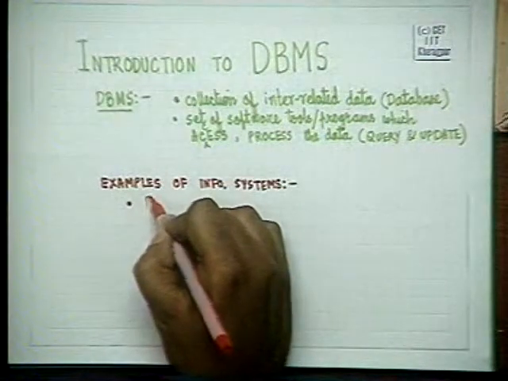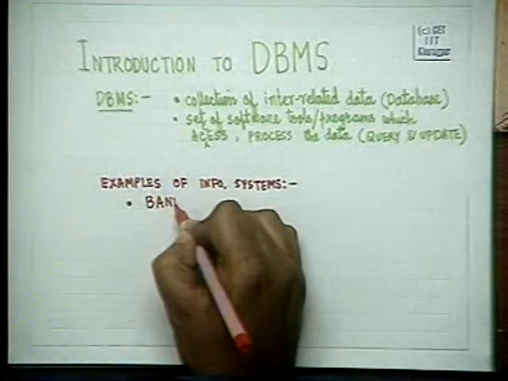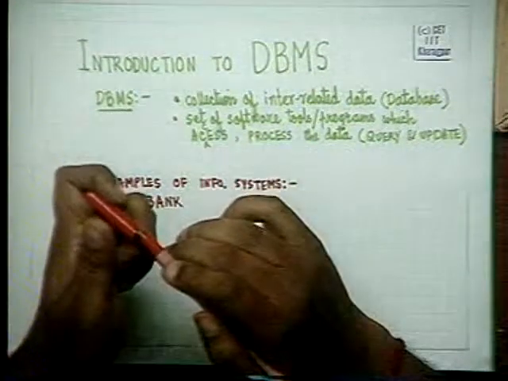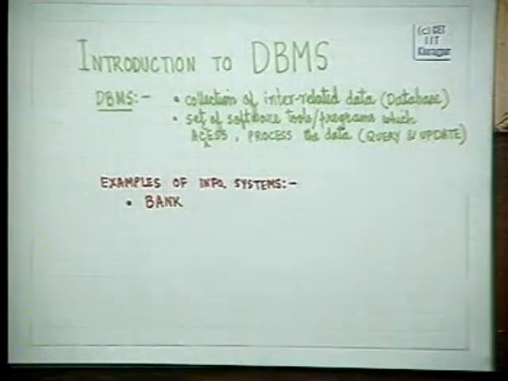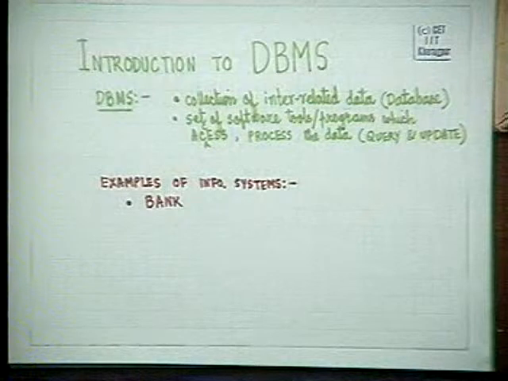Consider a bank. In a bank, you have several accounts, several deposits, lockers, check clearing, checkbook handling, and things like demand drafts and many other things.